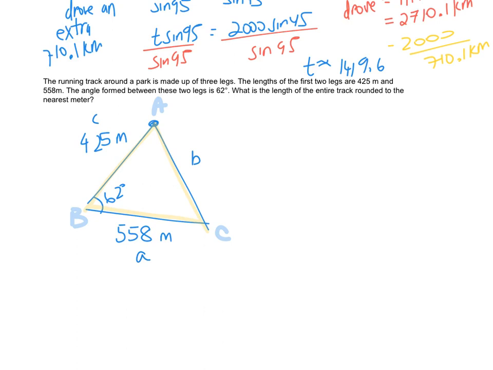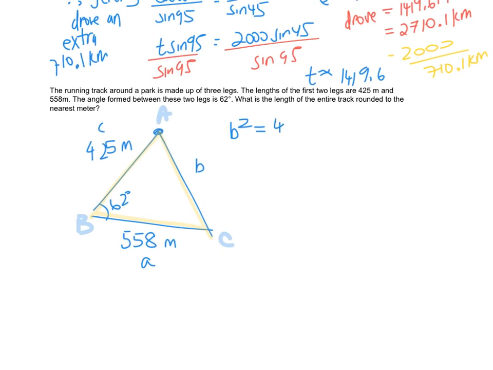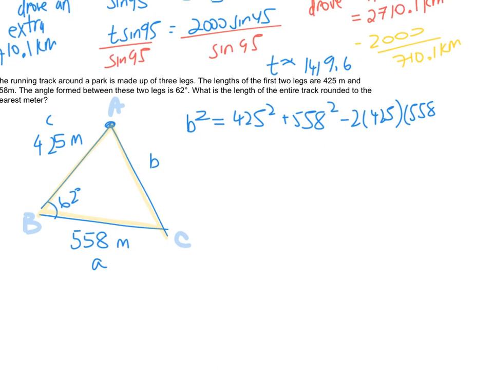So we should have B squared is equal to those 2 sides squared, added up, subtract double those 2 sides times cos of the angle.